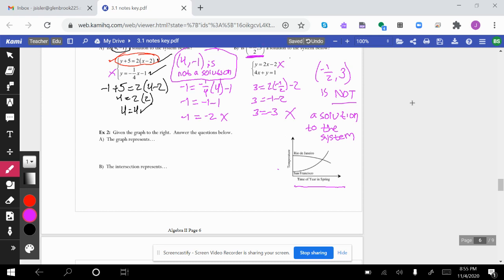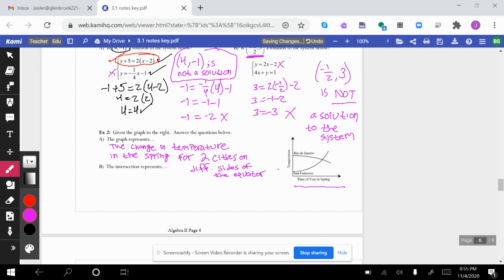So the graph represents the change in temperature in the spring for San Francisco and Rio de Janeiro, which are two cities on different sides of the equator. Sorry if you hear a dog barking, that's my neighbor's dog.